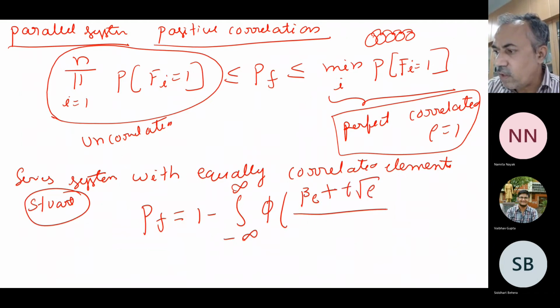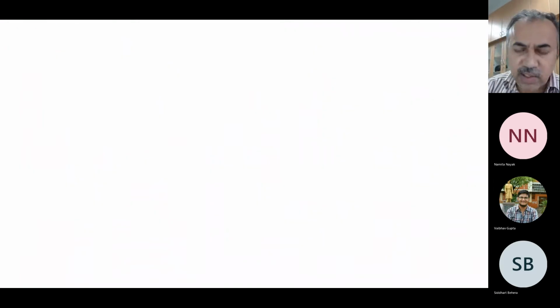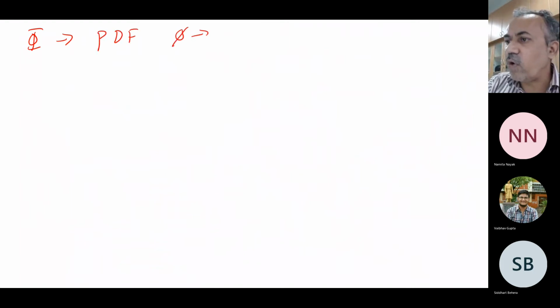The capital phi is the probability distribution function, whereas the small phi is the probability density function.